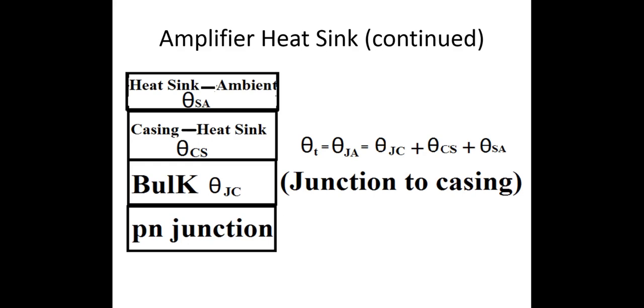After that, the heat has to pass through the casing of the transistor, which has thermal resistance theta subscript CS. After that, the heat has to pass through the heat sink into the ambient environment, and the heat sink resistance is theta SA.